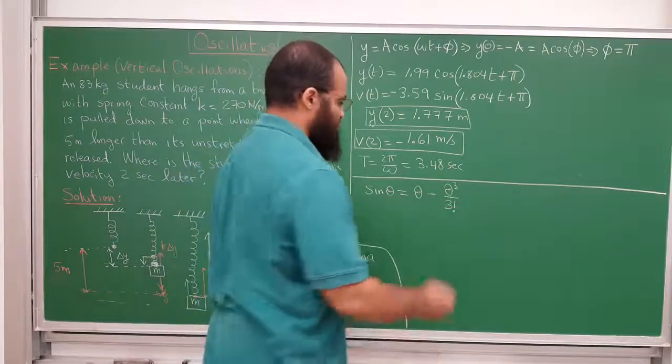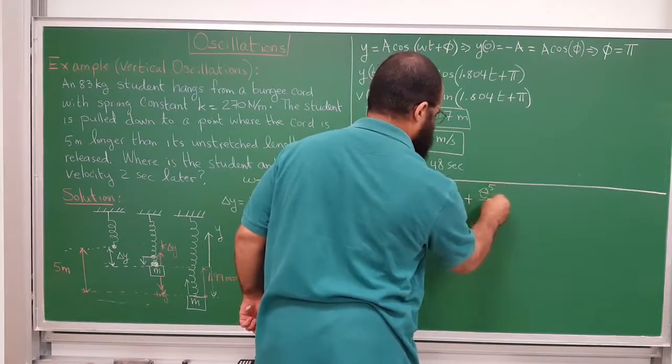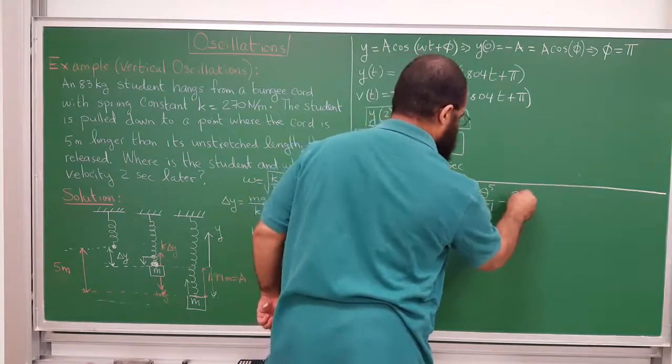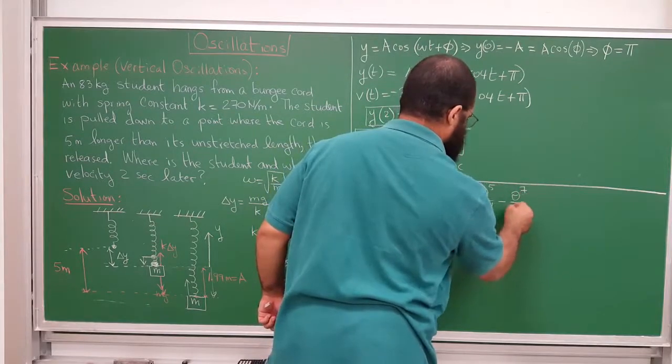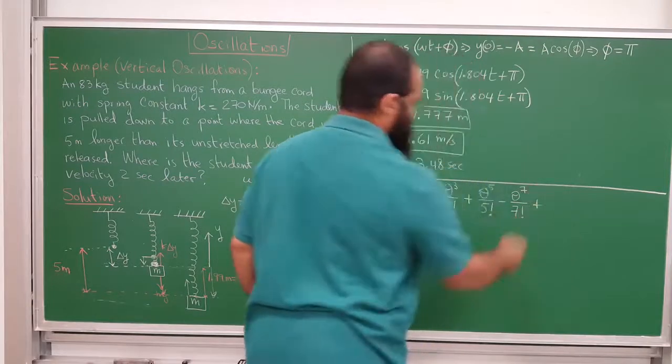Then plus theta to the 5th divided by 5 factorial, minus theta to the 7th over 7 factorial, and so on, plus theta to the 9th and so on.